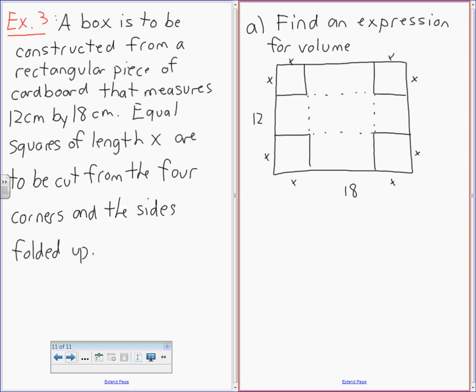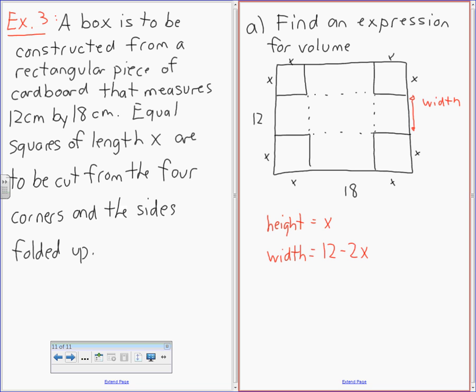Okay. It looks to me like the height of the box is going to be x, because when you fold any of those corners, they're all going to be x. Let's call this the width. What's this distance right here going to be? Well, I'm going to call that 12 minus 2x, if the entire thing's 12 and there's an x on each side.